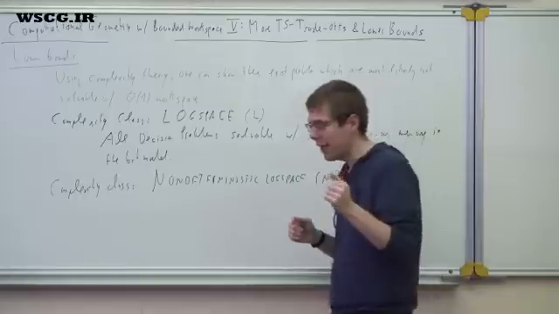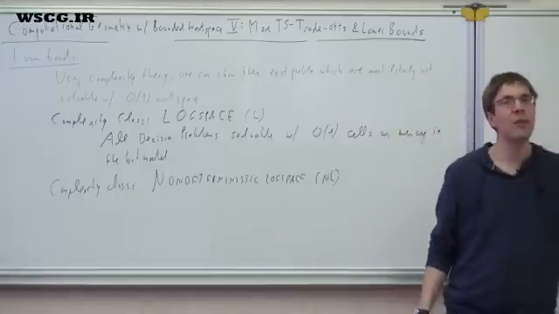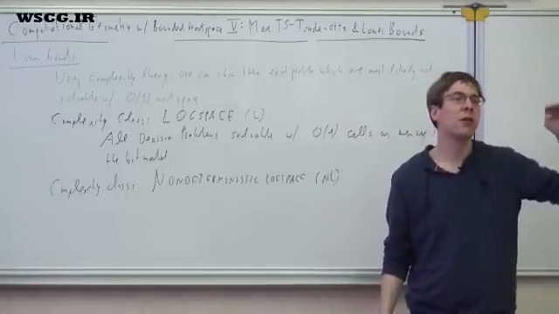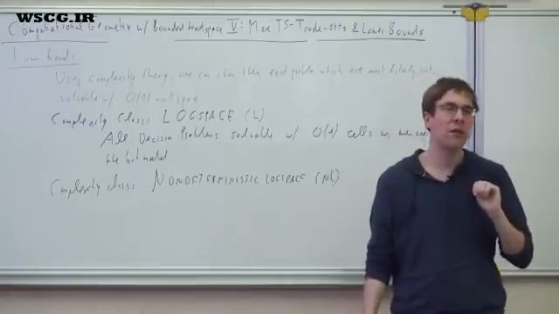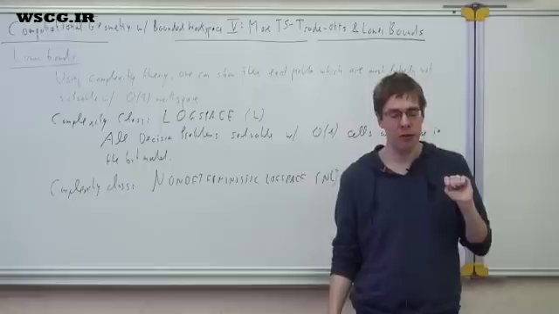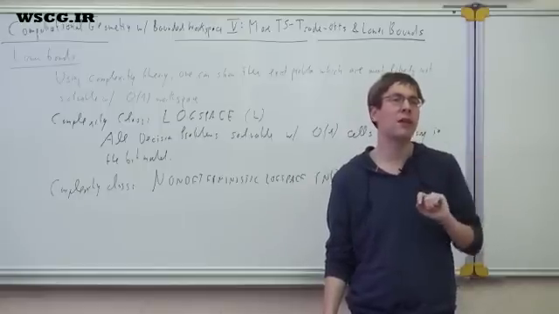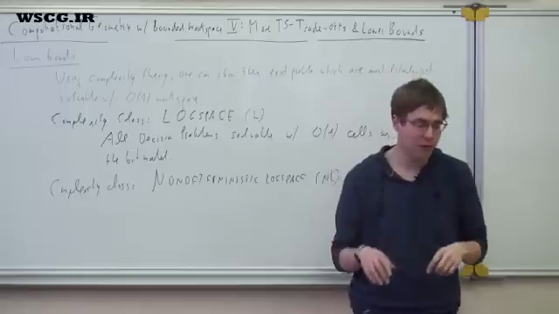Whenever the answer is yes, there will be a way of making these decisions such that we get a positive answer, and if the answer is no, then no matter what decisions we take, we will always get a negative answer. So this is what non-deterministic log space means.